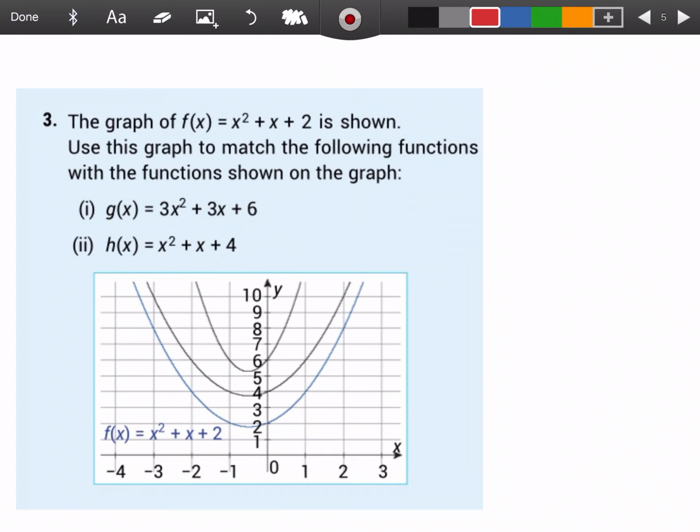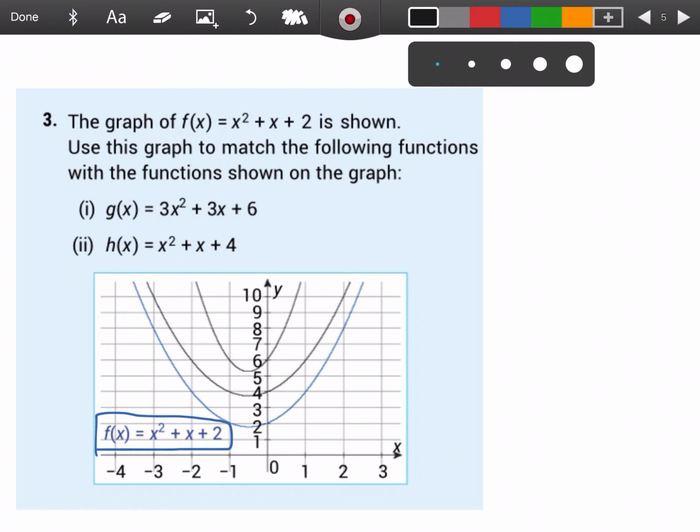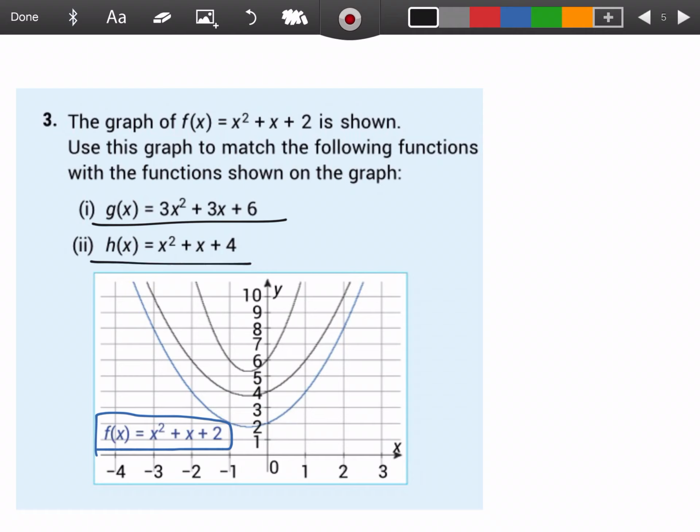Now we got a little bit trickier. We have the first one. You can see the blue one again is x squared plus x plus 2. And what we have to do is figure out which of the other two functions given to us, the g of x and the h of x, are represented by these two functions.